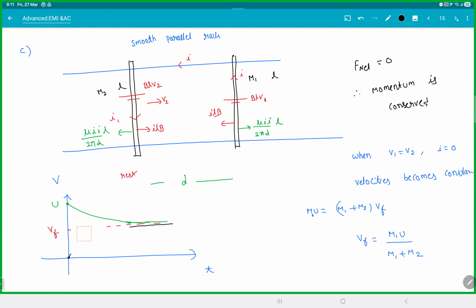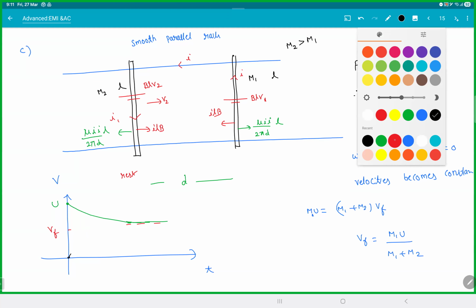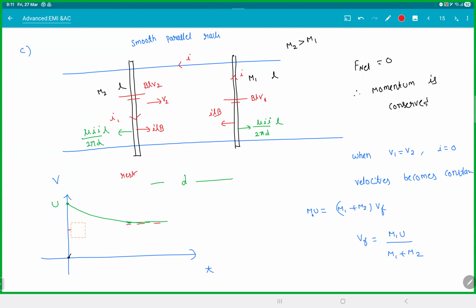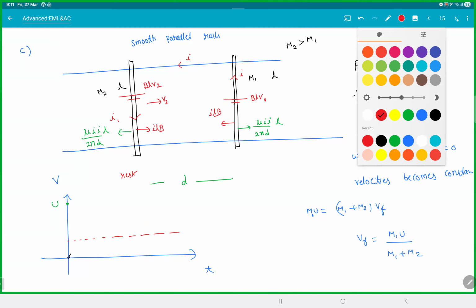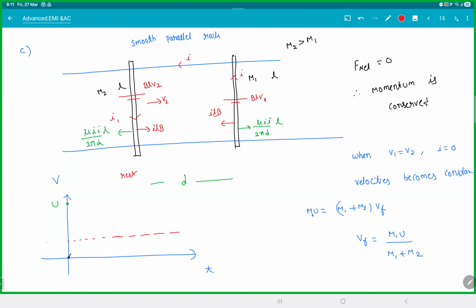So maybe I can draw it like this. For example, if I say M2 is greater than M1, then your v final will be somewhere here. It will be more down, because then this guy will be something like this.